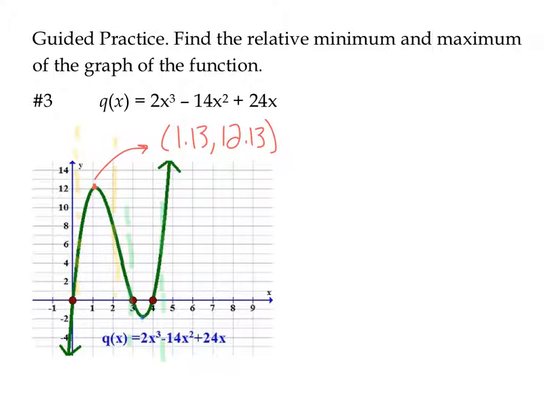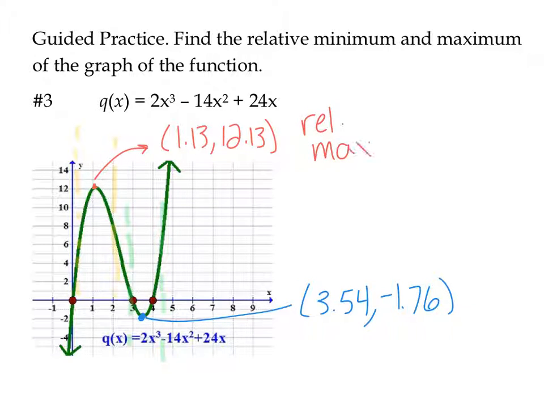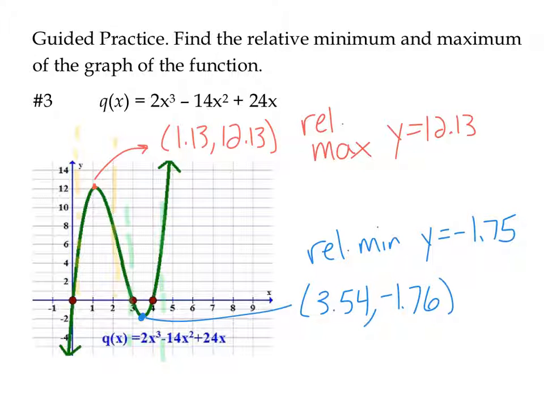And when we do that, this point right here, this relative minimum, you should get 3.54 and -1.76. So this has a relative maximum at that first point we calculated, of y equals 12.13. Then it has a relative minimum of y equals -1.76. I don't know why I wrote a 5 there, it's 1.76.